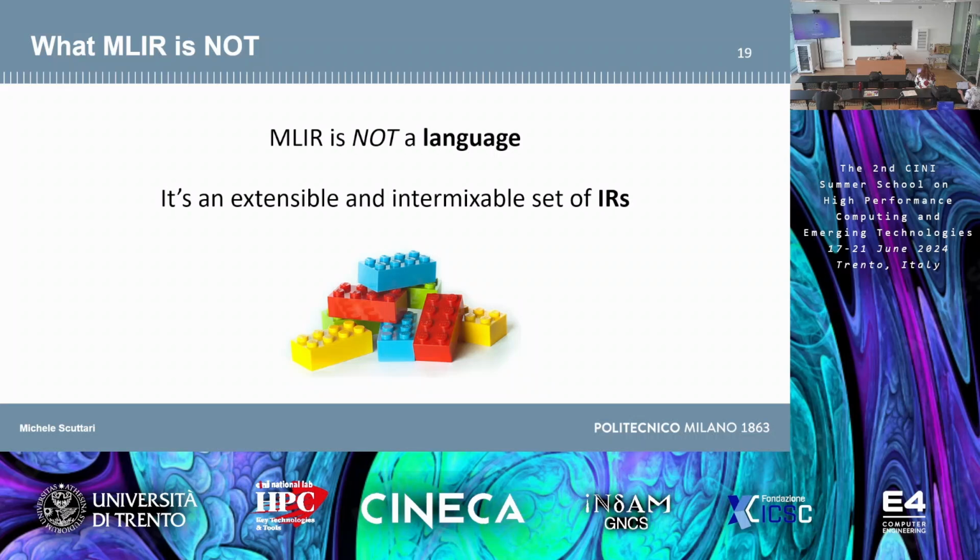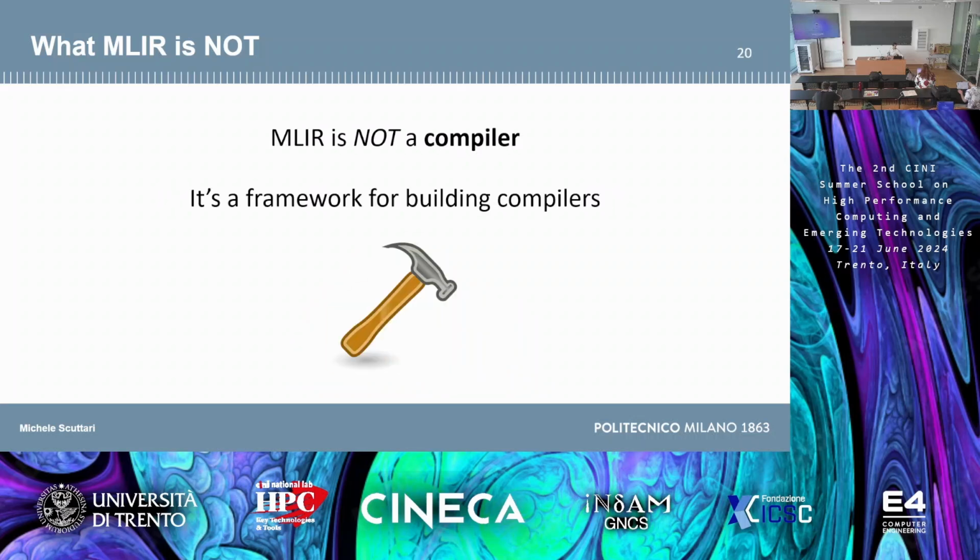But then you can pick the function dialect, which has all the tools to build functions, and you just plug inside those functions your arithmetic operations, and that's all. It's also not a compiler, but rather a framework. So it's a library that allows you to manipulate this intermediate representation, and then by manipulating the intermediate representation, you can build a chain of transformation that lead from a source IR to a target IR.